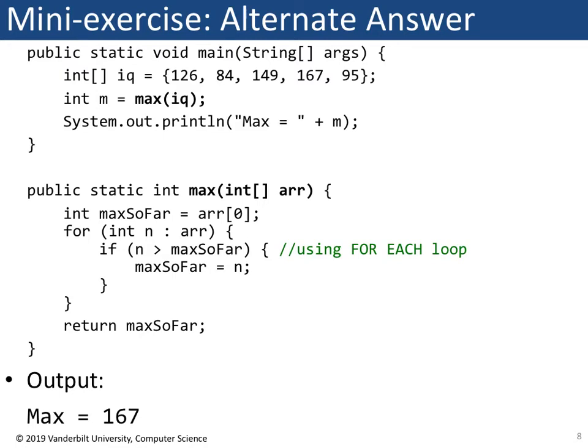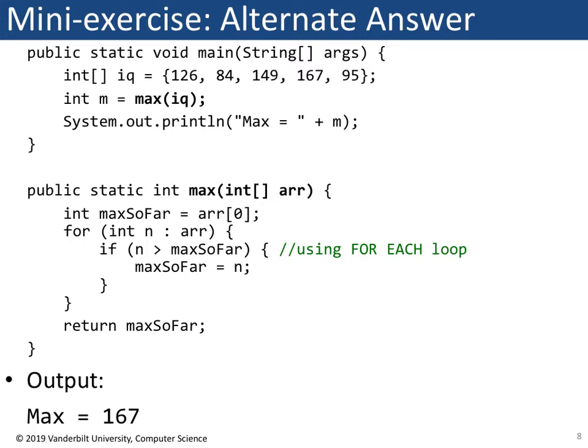Alternatively, we could have used a for each loop. So we could have said, for each integer n in array, if n is greater than maxSoFar, maxSoFar equals n. So understand that what we do with a typical for loop, when we are only reading values from an array, we can do with a for each loop.